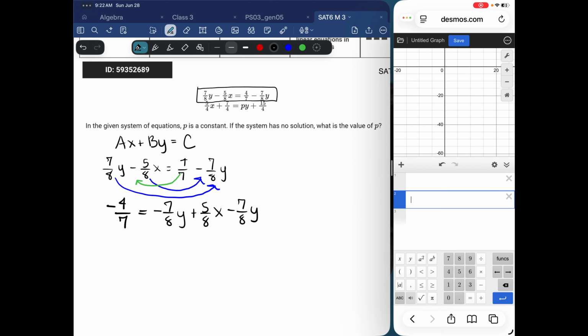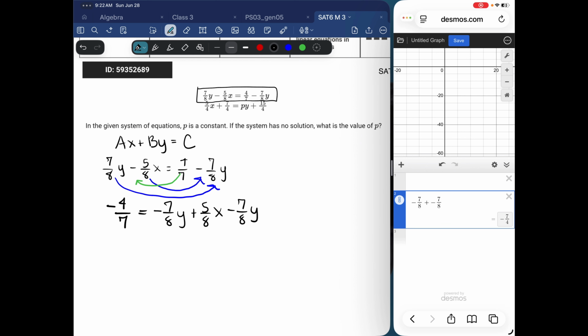Now I can combine like terms. Negative 7 over 8 plus another negative 7 over 8 is negative 7 over 4. So I'm going to rewrite it as negative 7 over 4 y plus 5 over 8 x equals negative 4 over 7.